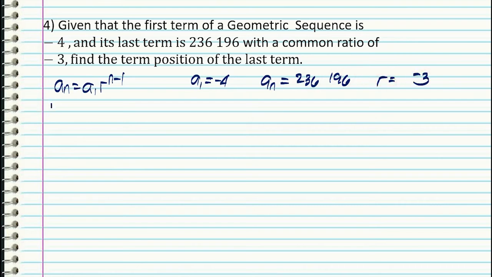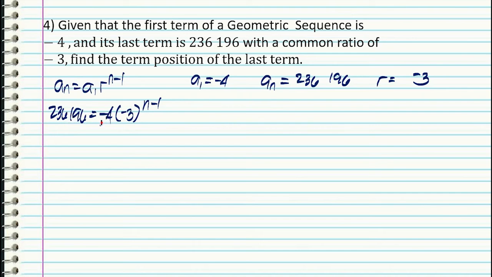So let's inject this in our formula. A sub n is 236,196 equals a sub 1, which is negative 4, times the common ratio negative 3 raised to n minus 1. We cannot substitute any number in n since that's unknown.